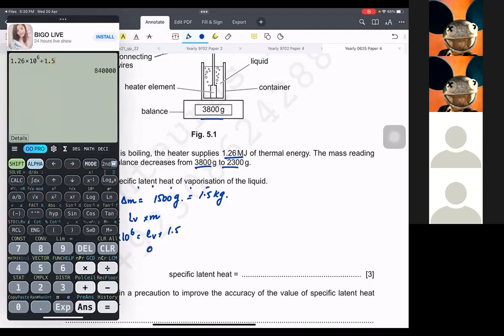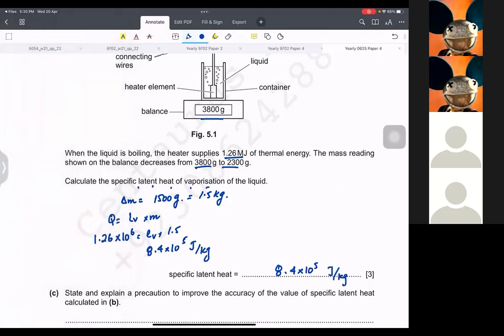This is 8.4 times 10 raised to power 5 joules per kg. The units must be correct. If you haven't changed it into kg, you can take it in grams, but then the answer will be joules per gram. So you have to be careful there, right?